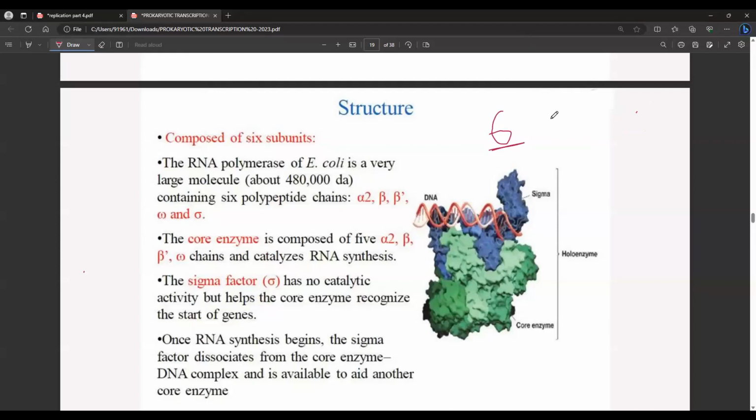It contains 6 subunits: 2 alpha units, 1 beta, 1 beta prime, and 1 omega. So whatever you said is right. Remember, this is called the core enzyme. You can ask me a question, sir, what is the meaning of a core enzyme? Every student use your brain. Core enzyme means the enzyme which is involved in the synthesis of RNA.